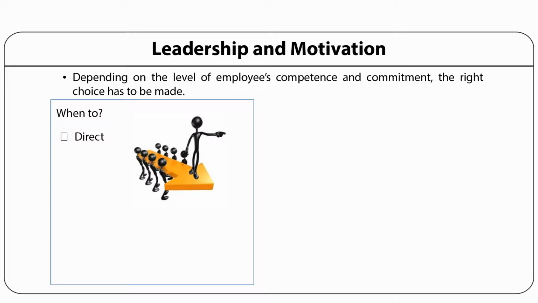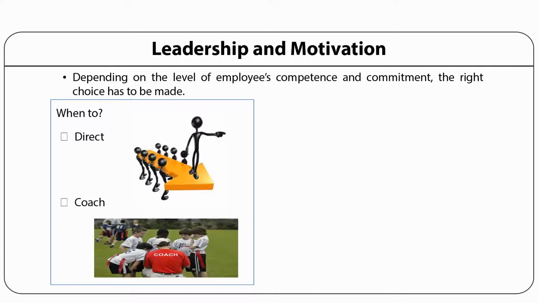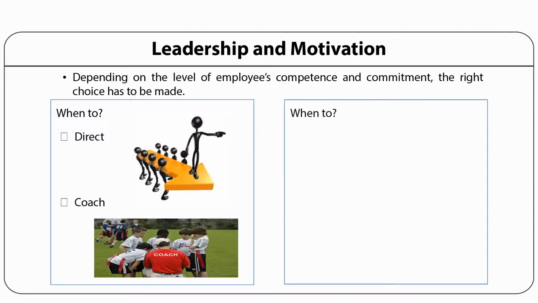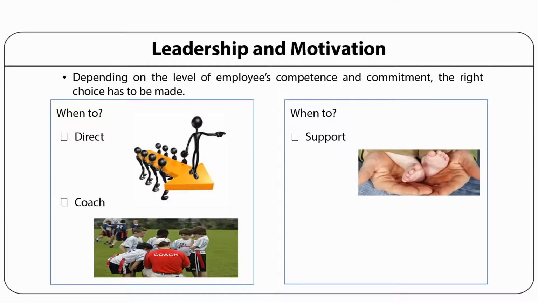Define tasks clearly and check progress to make sure he is not faltering. Periodic coaching can be used when an employee is learning new skills but needs the freedom to make mistakes and learn from them. Supporting and encouraging highly competent employees who lack confidence is also one of the leadership desirables.